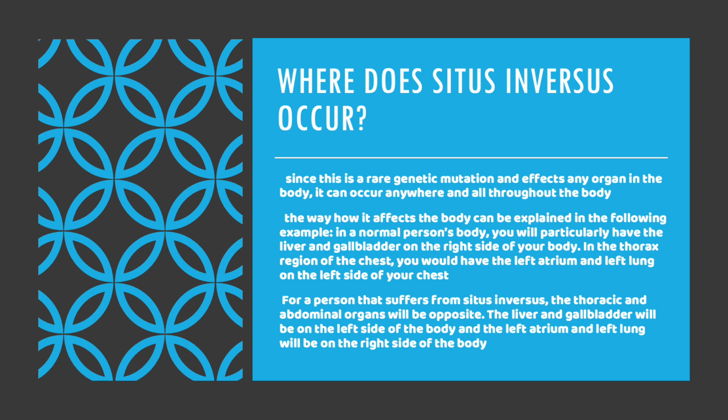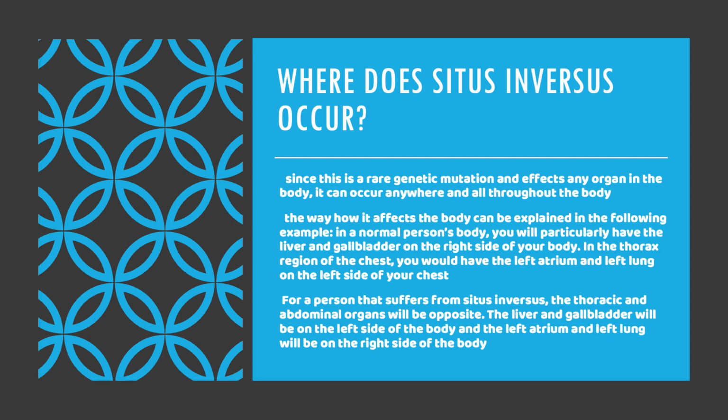So where does it occur? Because it is a rare genetic mutation, it can basically affect any organ inside the body, and it can occur anywhere in the body. I have a following example listed right here, but to shorten it up, the liver and gallbladder are typically on the right side of a normal person's body, but in a person with situs inversus, the liver and gallbladder will be on the left side for the abdominal region.